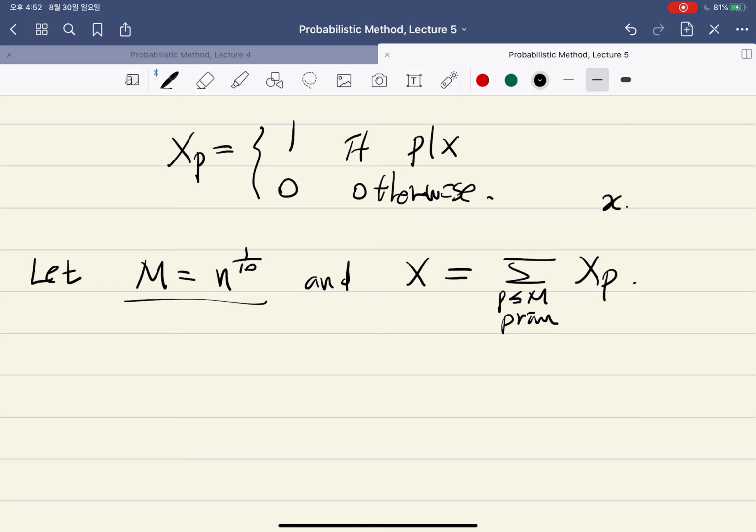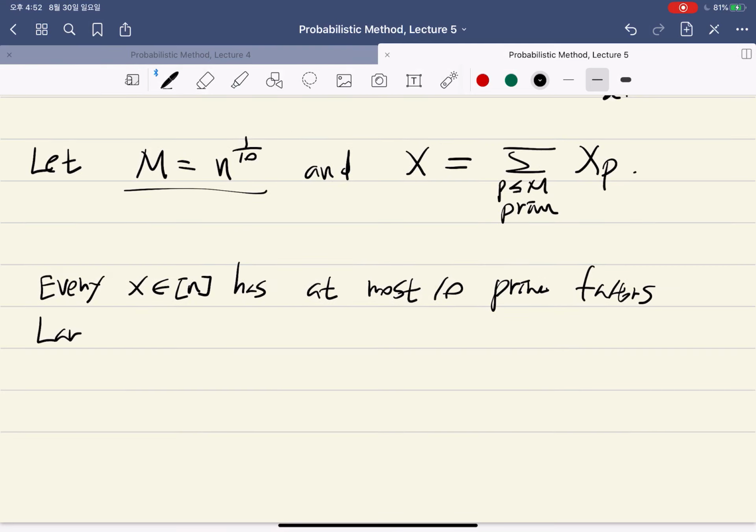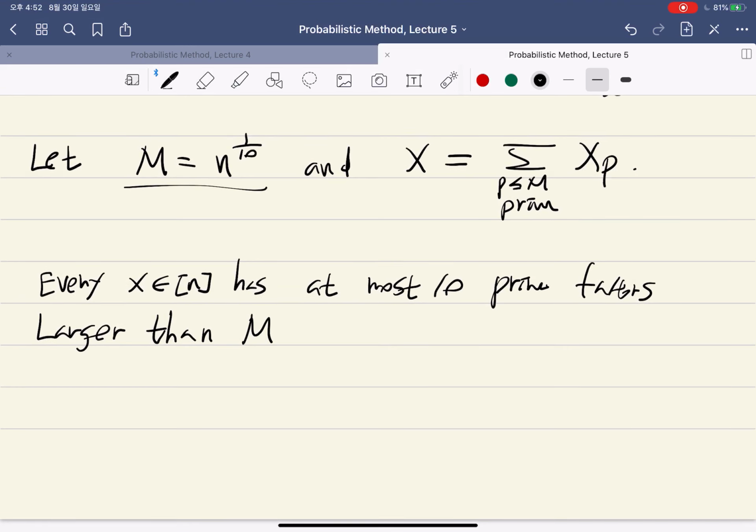Then what do we know? Every x in here has at most 10 prime factors larger than m. So we can just forget them, and we wouldn't lose much.